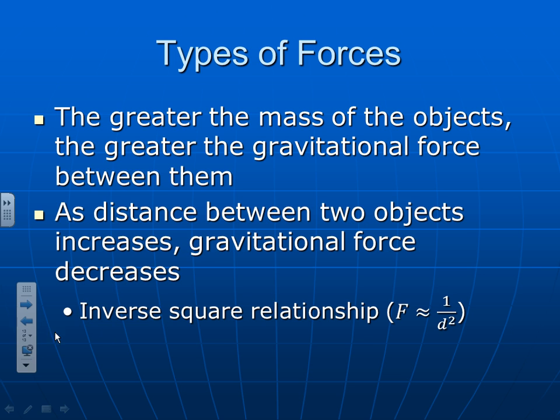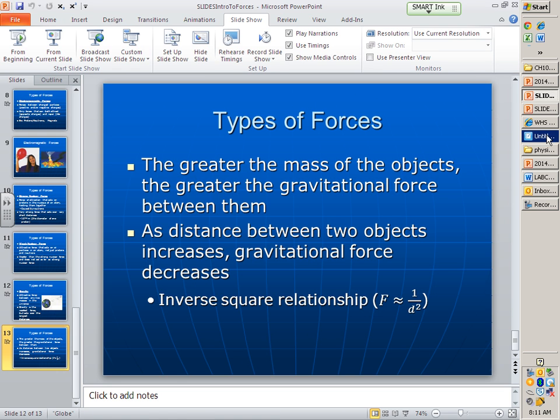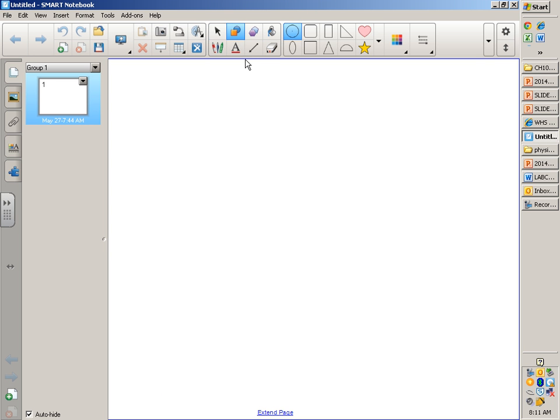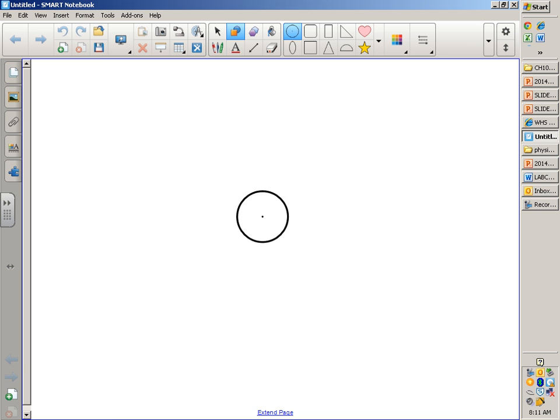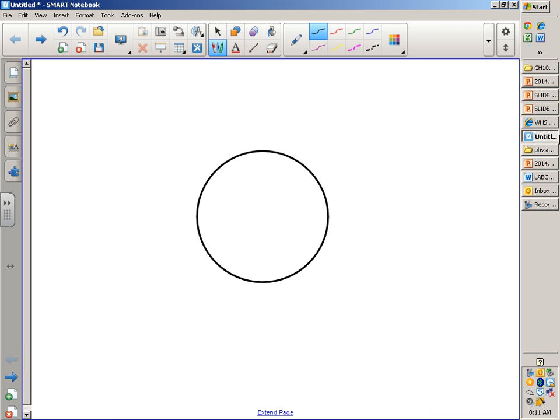But if we went to a distance, picture this. There's Earth. There's you. Right now, as you stand on the surface of the Earth, you are this far away from the middle.